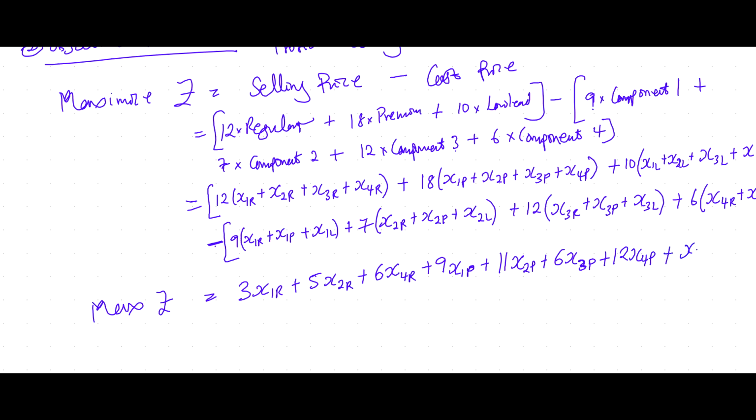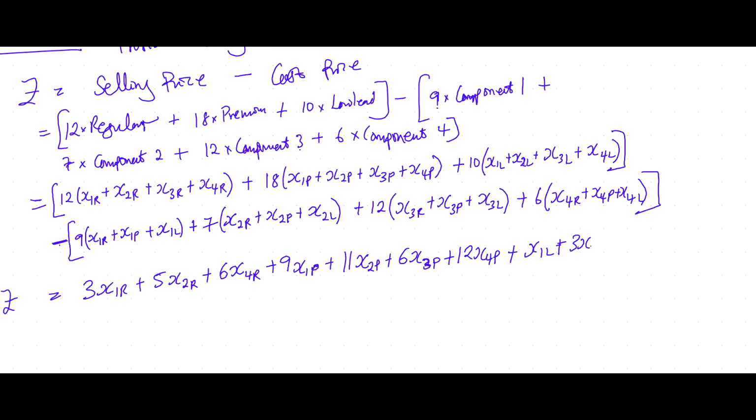1 component 1 in low lead plus 3 components 2 in low lead plus, it's minus now, minus 2 component 3 in low lead plus 4x component 4 in low lead.